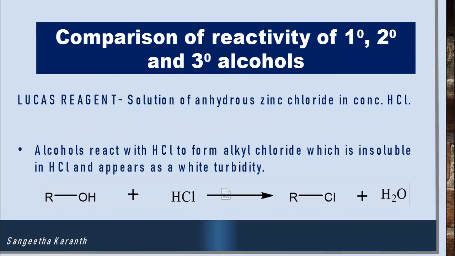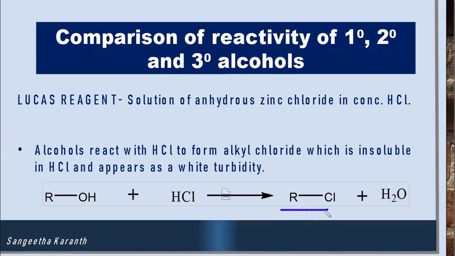So this will give a visual observation so that we can identify whether the alcohol which we have taken is a primary, secondary, or a tertiary alcohol without actually going into detail of the analysis of the structure of the molecule. So the test is very simple. We take alcohol and we know that the Lucas reagent has concentrated HCl.